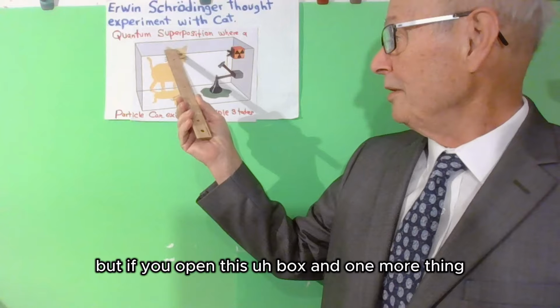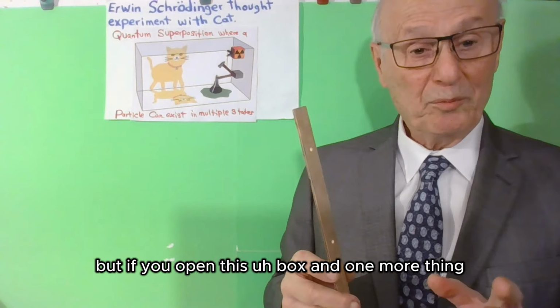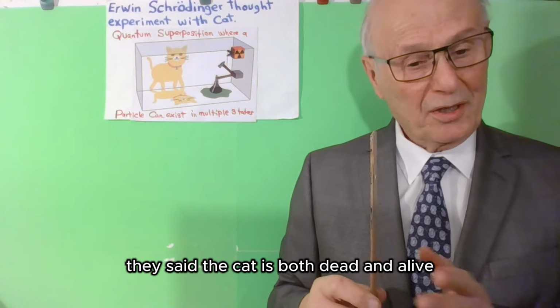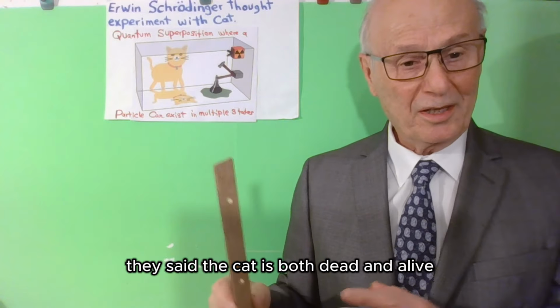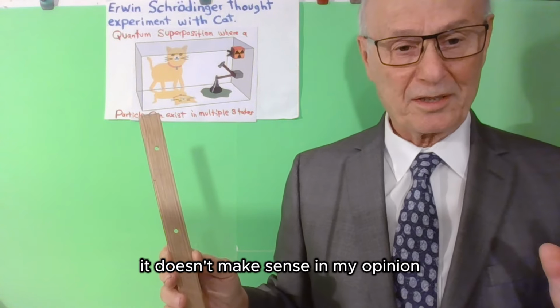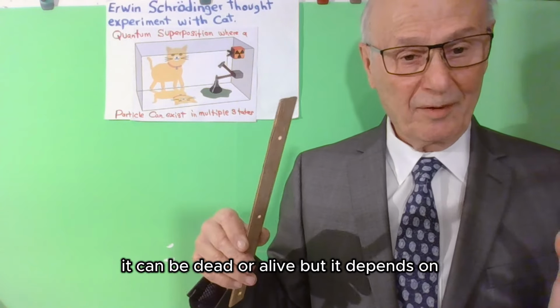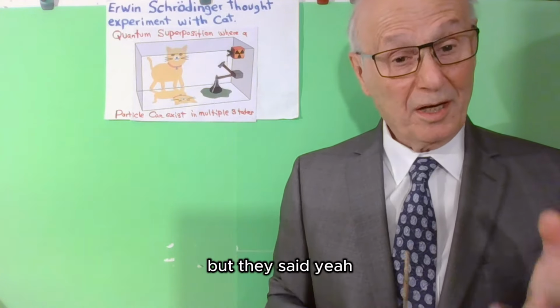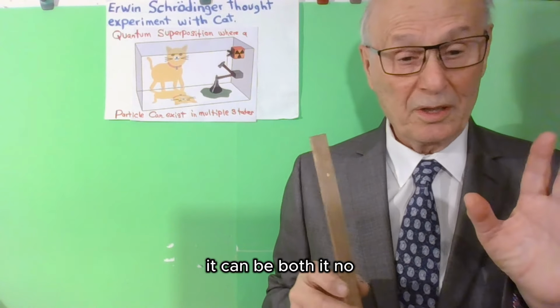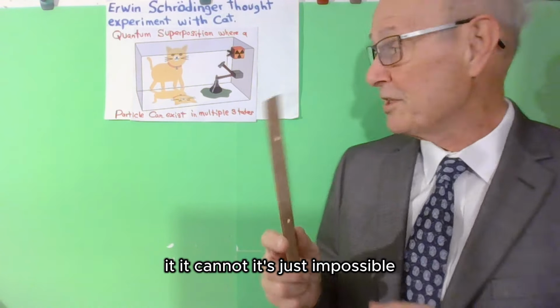But if you open this box, and one more thing they said, they said the cat is both dead and alive. It doesn't make sense. In my opinion, it can be dead or alive, but it depends. But they said, yeah, it can be both. It cannot. It's just impossible.